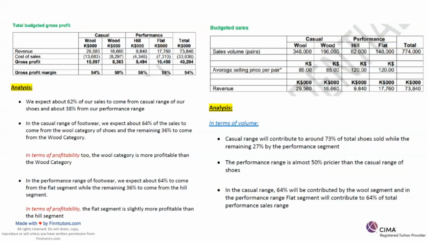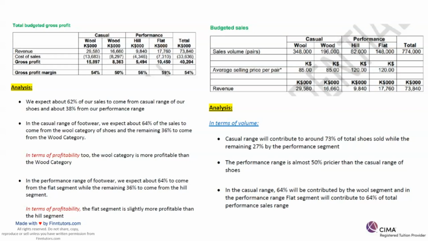In the casual range, 64% will be contributed by the wool segment, and in the performance range, 64% will be coming from the flat segment, which means the wool range casual segment, one of our highest selling products, the performance range flat segment, also one of our higher selling products.